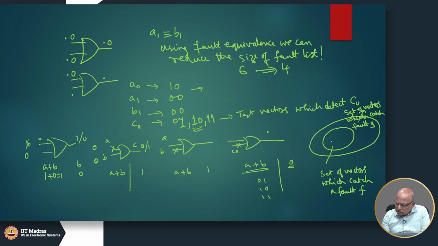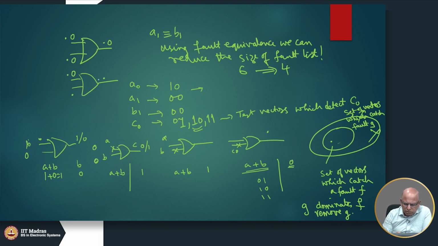So, what it means is if I pick a test from here, it will catch both of them. So, any test for f is also going to catch g. So, there is no need to separately test for g. So, we say g dominates. So, it is a dominant fault, and as a result we eliminate that fault. Okay. So, remove g. I hope this is clear, right.